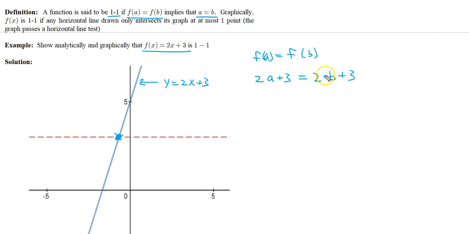Now we must reason that a equals b. So this implies, after canceling the 3's, that 2a equals 2b. And this, of course, implies, canceling the 2's, that a must equal b. So we've now shown that if f of a equals f of b, then a must equal b. They must be the same number. And so this is a one-to-one function.